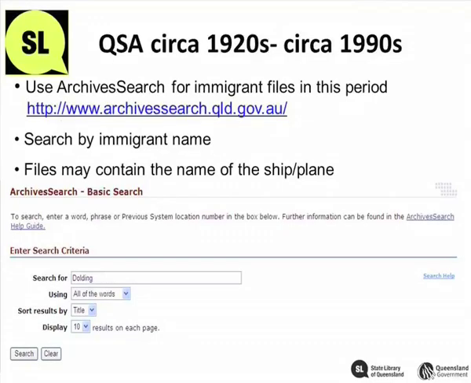Now, what we would then do is go to the State Archives, and we would search by the immigrant name, and we know that it may contain the name of the ship. Now, Niall's told you wonderfully about how to search that, even just by going to the main search index covering all the indexes, and see what we can find.